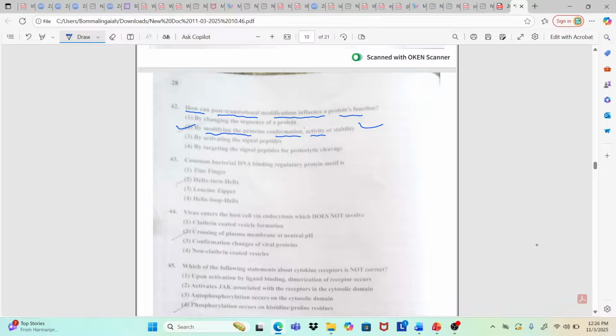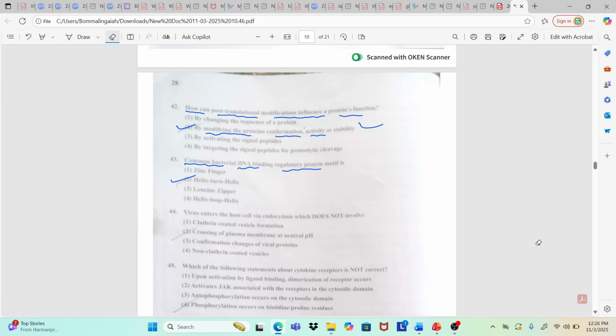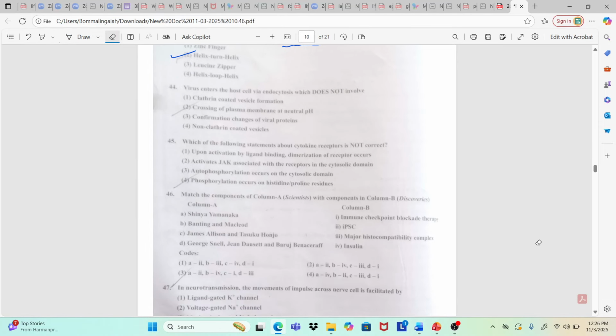This one is the correct answer. Next question, question number 43. A common bacterial DNA binding regulatory protein is helix-turn-helix. Here, the correct answer. Okay, next question, question number 44.